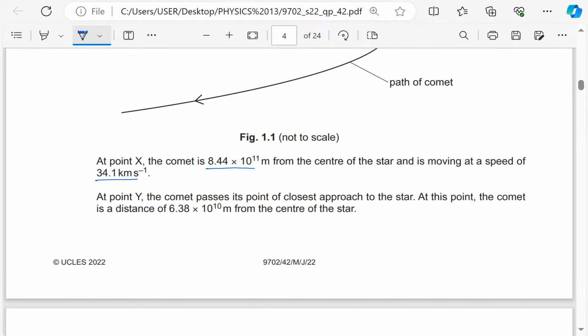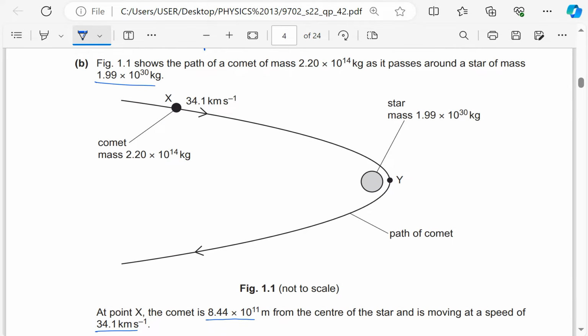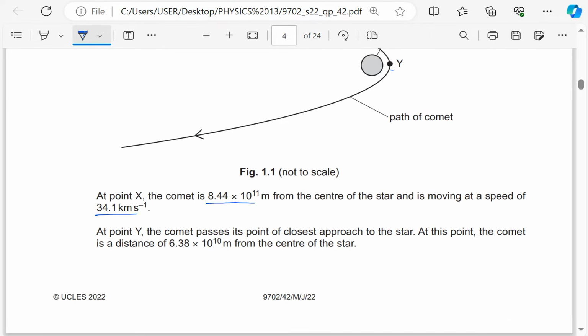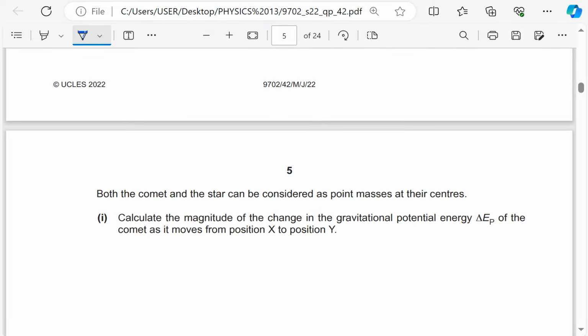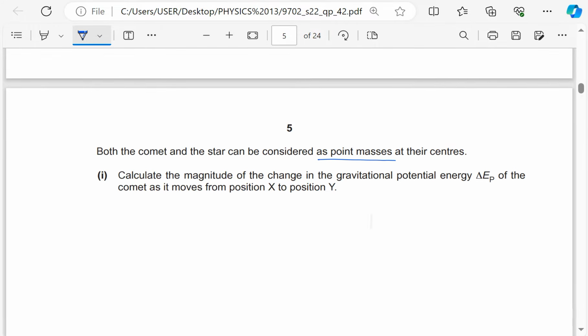At point y, where is point y? Okay, point y is very close. At point y, the comet passes its point of closest approach to the star. At this point, the comet is at a distance of 6.38 times 10 to the power 10 meters from the center of the star. Both the comet and the star can be considered as point masses. So if they are considered to be point masses, then the equation we have just derived can be applied.